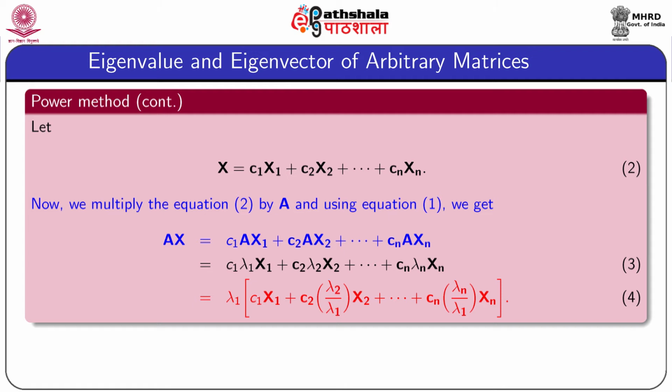Now I take common lambda 1, therefore lambda 1 into c1 x1 plus c2 into lambda 2 by lambda 1 into x2 plus dot dot dot plus cn into lambda n by lambda 1 into xn. So this is the equation number 4.